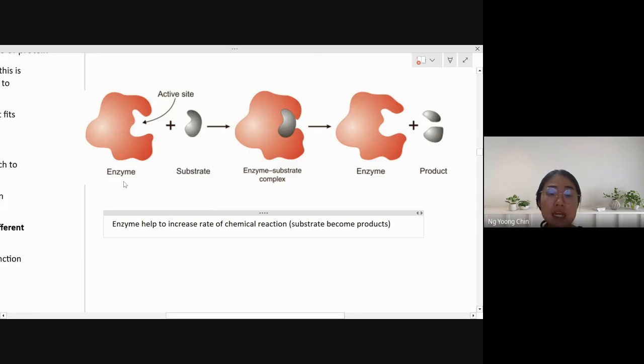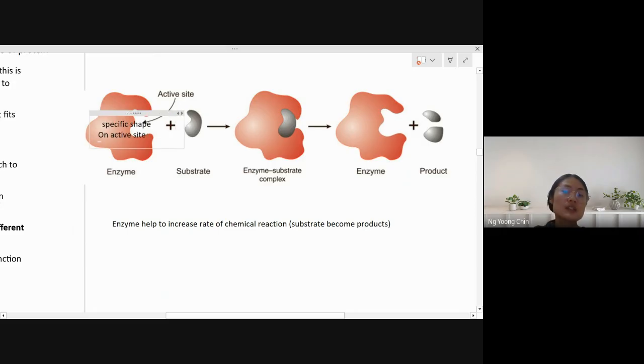Enzymes have a specific shape on their active site. This is the active site. Whenever the substrate binds to the active site of the enzyme, the substrate must be able to fit into the active site.